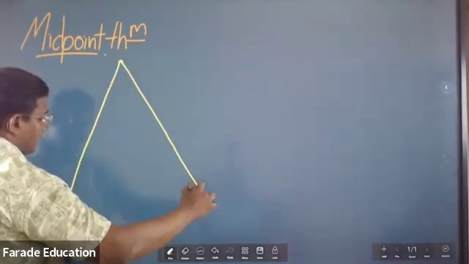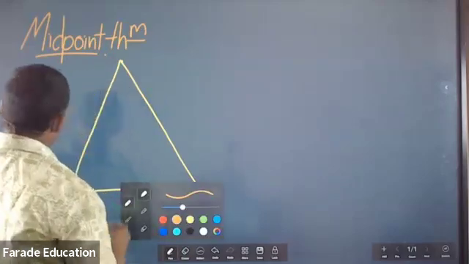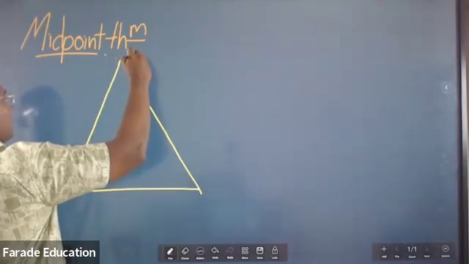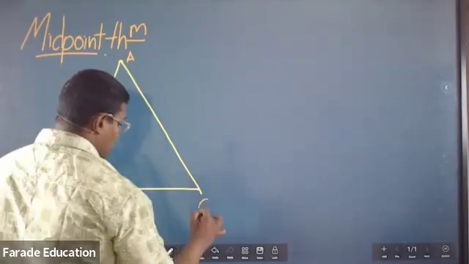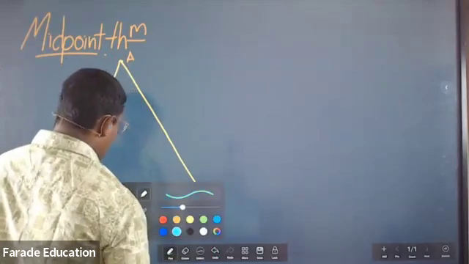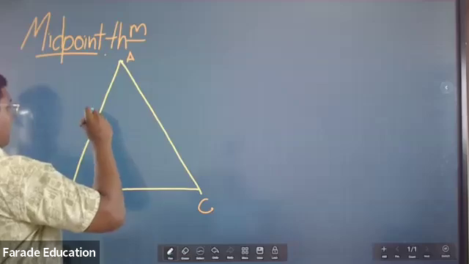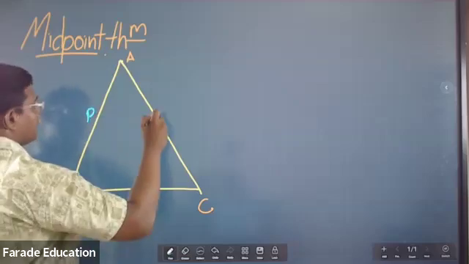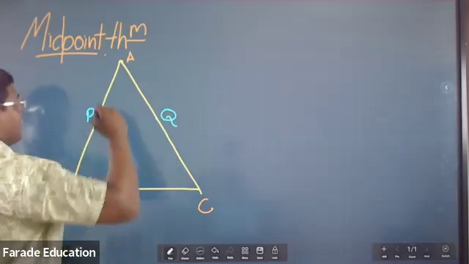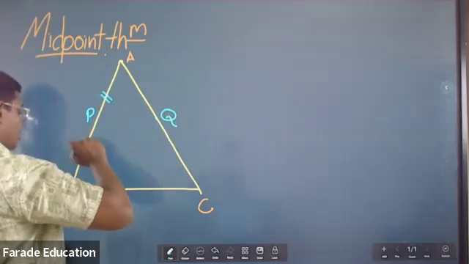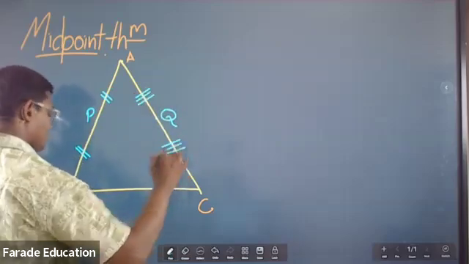I will take a triangle ABC. Let P be the midpoint of AB, Q be the midpoint of AC. That means this is equal to this, and this is equal to this.